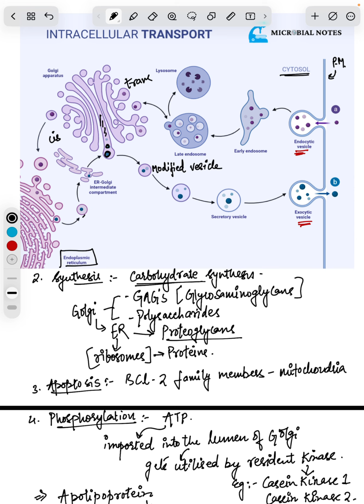Here, because endocytosis is taking place, the late endosome sends this vesicle to the trans phase, and those particles which are meant to get degraded are sent to lysosome.